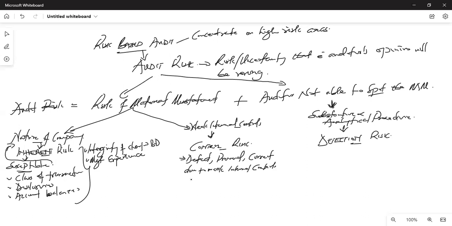Okay, let me give you a typical example. You all know about bank reconciliation statement. If bank reconciliation statement is not performed in the entity, the more it is not done, certain things might be going on in the cash book and the bank statement that you may not realize.